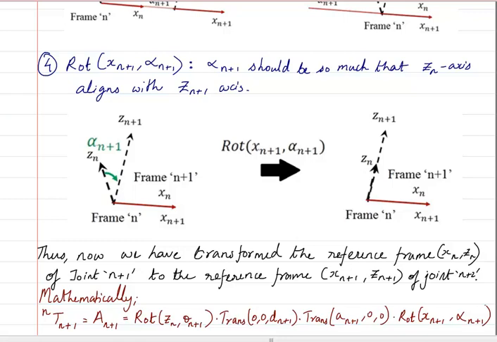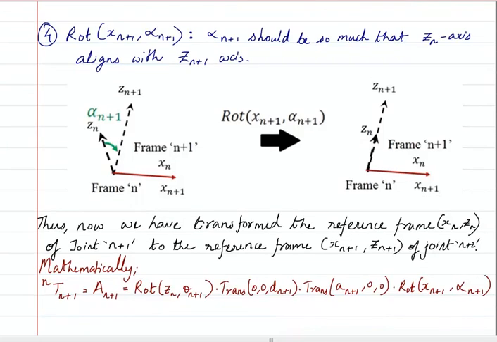With that we will have shifted a frame from xn zn of joint n plus 1 to the reference frame xn plus 1 zn plus 1 of joint n plus 2, and mathematically we can write it as post multiplication. It's not pre-multiplication, it is post multiplication.